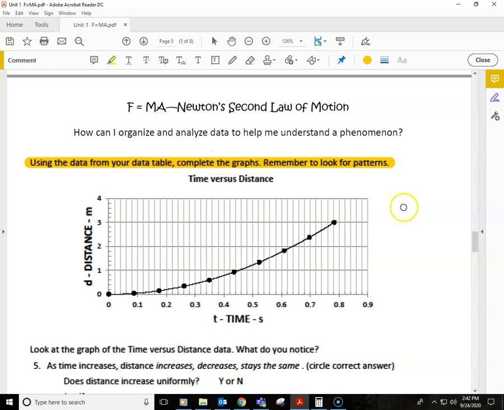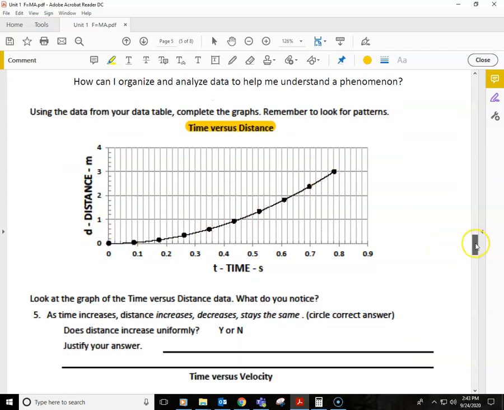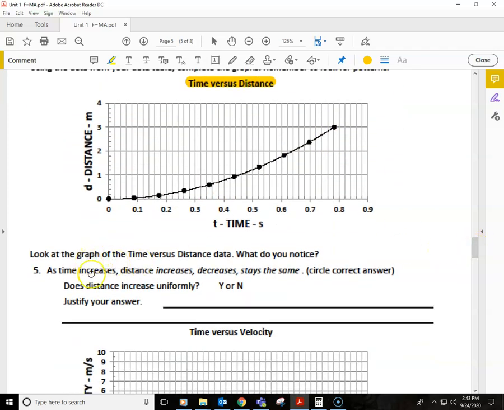The first graph that we have has a title of time versus distance. It's a comparison of the amount of time that has gone by versus the distance that the ball has fallen. Notice time is on the bottom and distance is on the side. Oh, how handy. They've already made this graph for you, haven't they? So for this graph, all you have to do is answer a question and justify your answer.